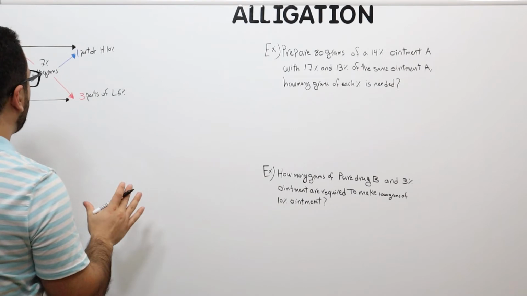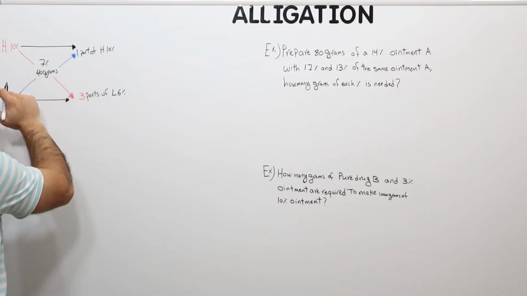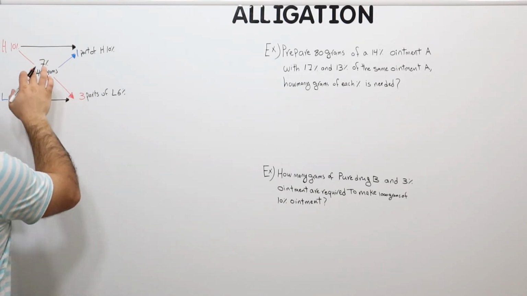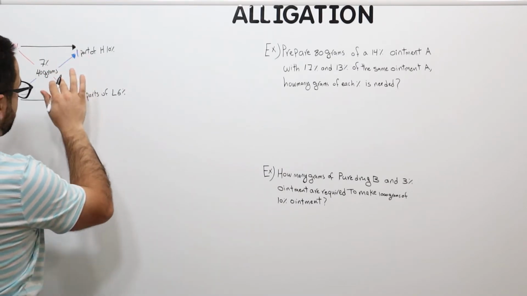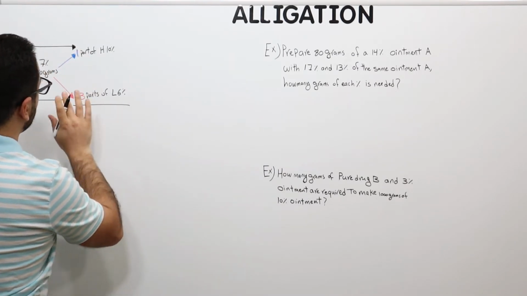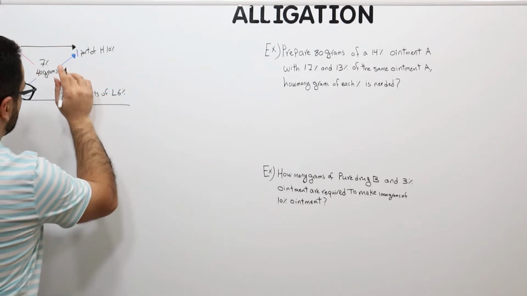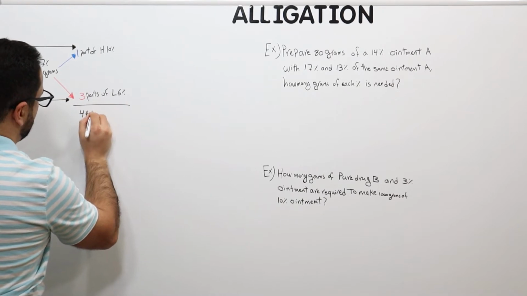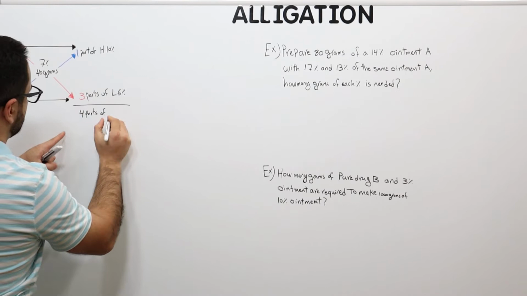Now we know how many parts I need from each of these concentrations to prepare the desired 7% concentration. The next step is to add these parts up to make up the 7%. So 1 plus 3 is going to be 4 parts of 7%.